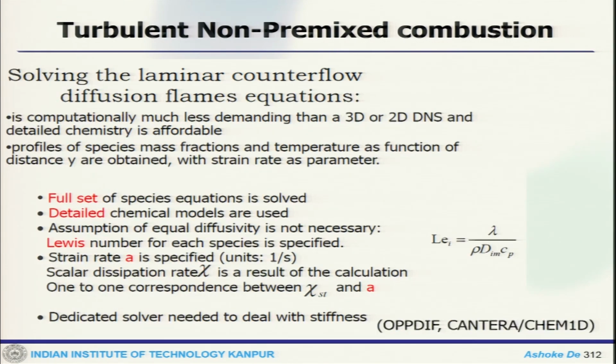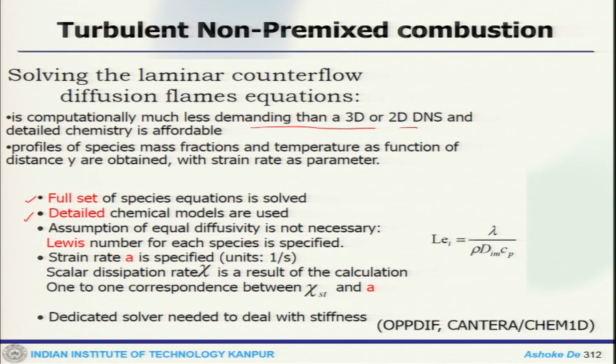Now you can solve these counterflow diffusion flame equations. This is computationally much less demanding than a 3D or 2D DNS with detailed chemistry. The profiles of species mass fraction and temperature as a function of distance y are obtained. It solves the full set of species equations, and detailed chemical models are also used, so detailed kinetics can be invoked.